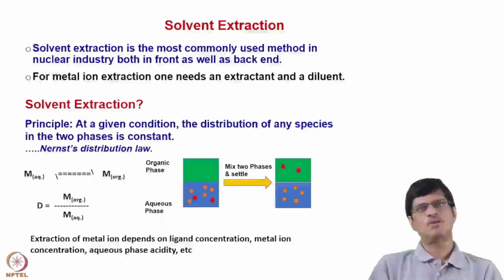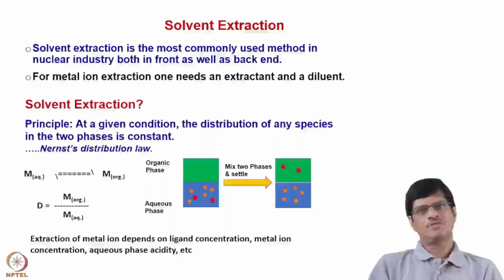Subsequently, solvent extraction processes have become more popular in the nuclear industry for both the front as well as the back end of the nuclear fuel cycle. In this case, what one needs is an extractant which is responsible for forming a complex with the actinide ion, which is subsequently partitioned into a diluent. So the organic phase contains the diluent, the extractant, and the metal extractant complex, whereas the aqueous phase contains the metal ions and other impurity metal ions.